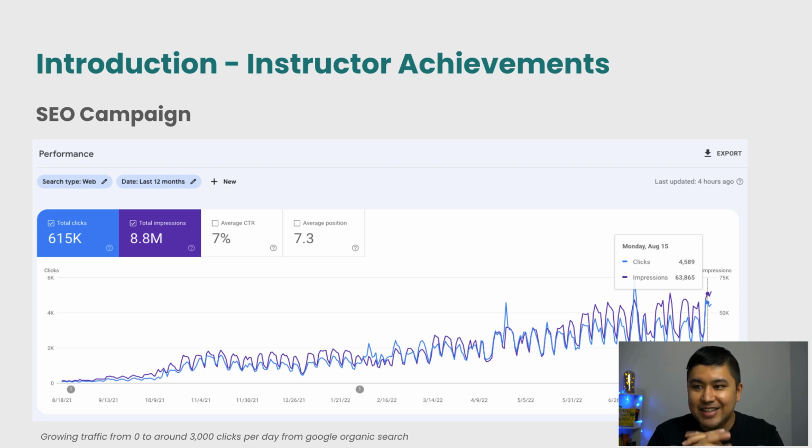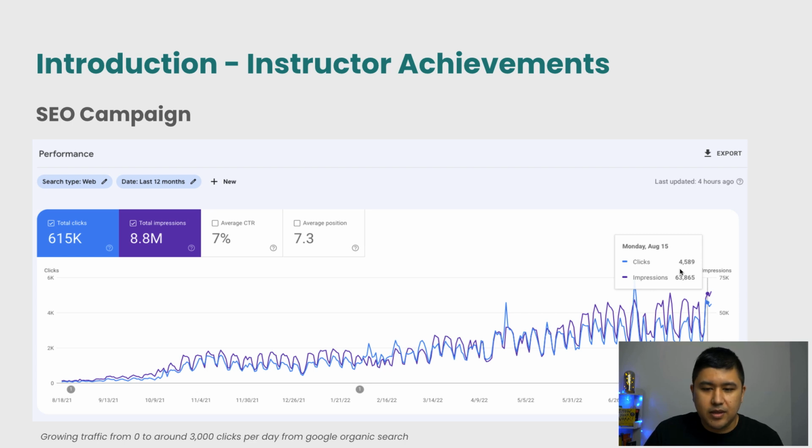I'm not going to say anything else, but you can see somewhere in August 2021, that's when the site started kicking off. We had a lot of content by here already, but after a few months you could see the content increasing, and the content's performance increasing, and by August 15 this year, 2022, it's getting around 4 to 5,000 clicks a day.